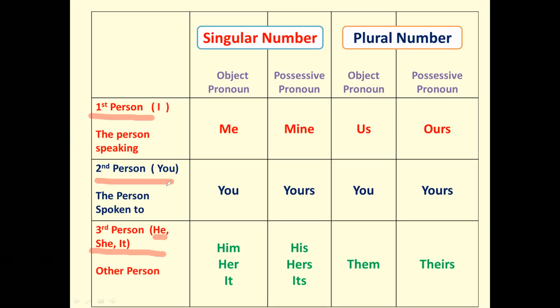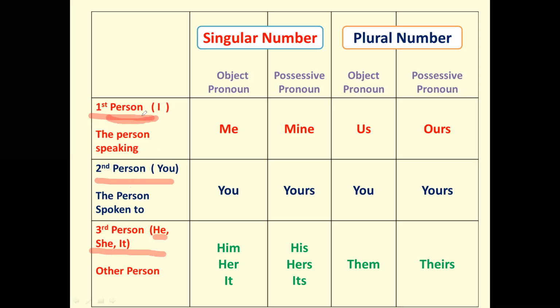In the second person, just understand students, this table is very, very important. We should know how these pronouns change from singular number to plural number. So we must understand this table very clearly. There are three persons. Once again, I'm telling you, there are three persons.